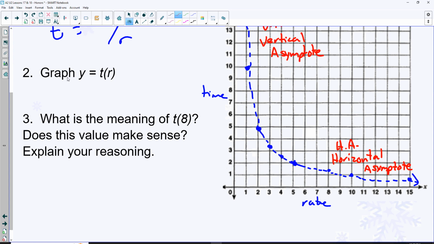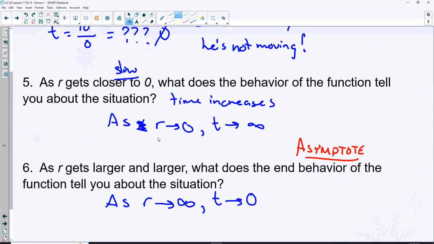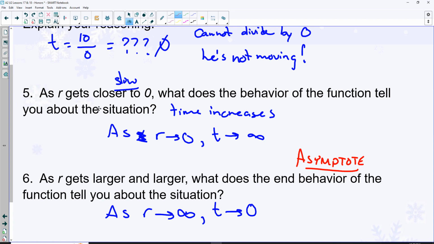It's higher and higher and higher, but never actually crosses that axis. Okay. So these ideas are called asymptotes.